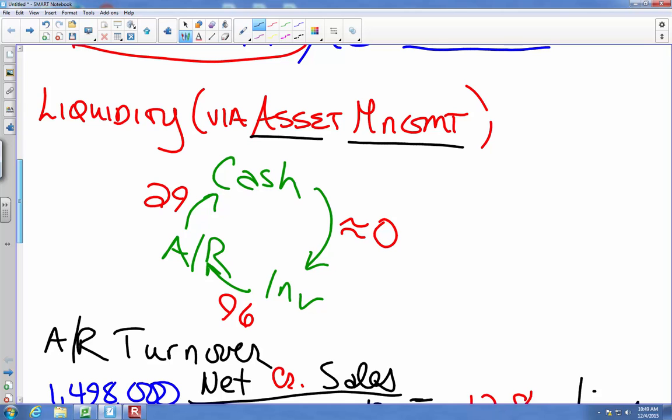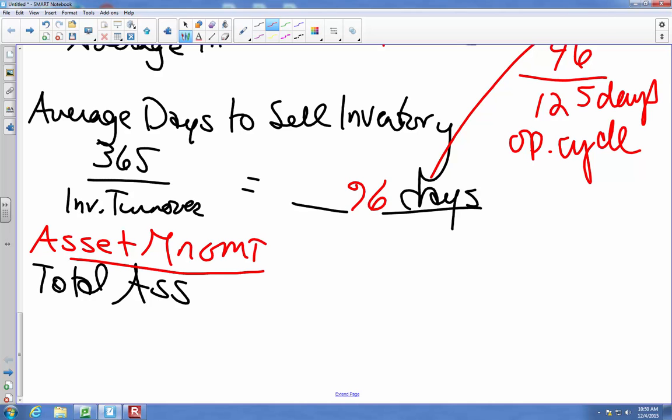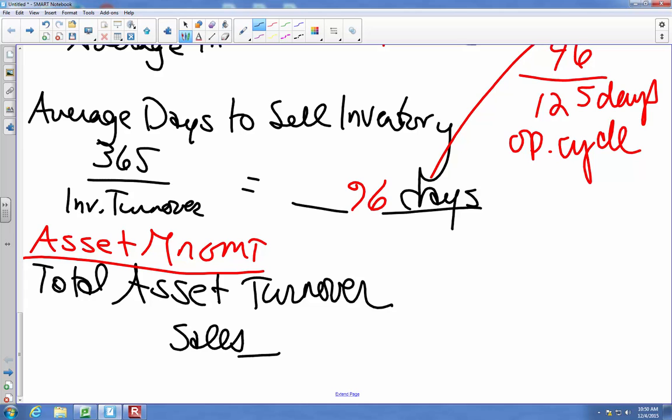We talked about liquidity, then liquidity via asset management. This last one is just about how well you are managing your assets. It's not a liquidity ratio at all. So this is called your total asset turnover, and it's sales divided by average total assets.